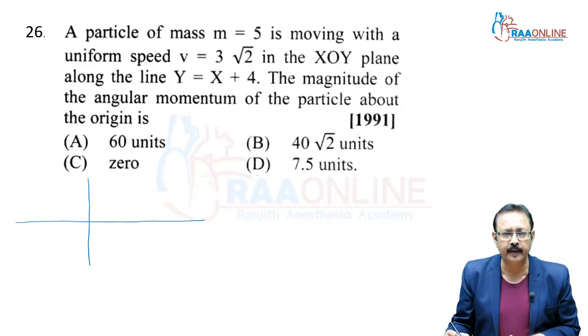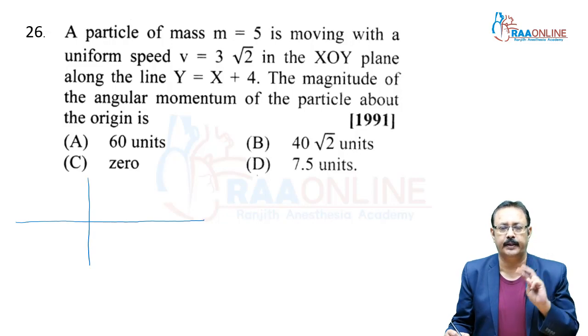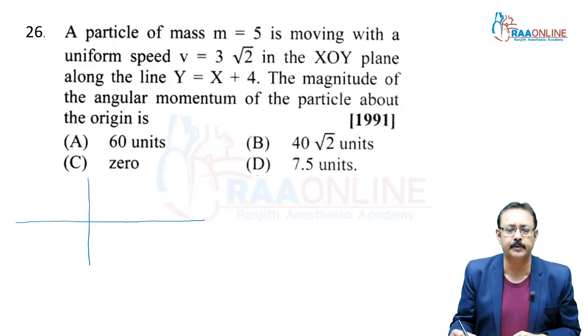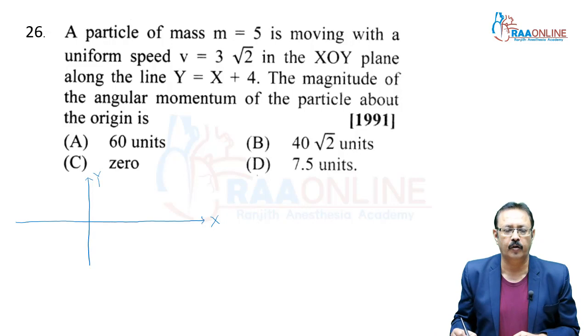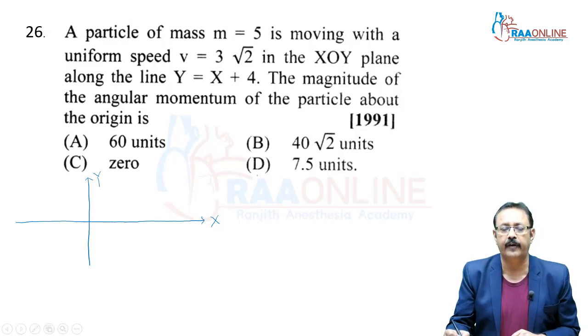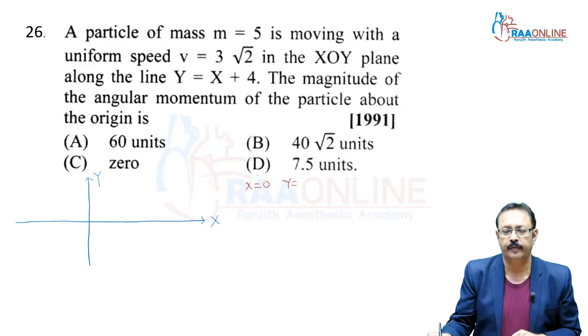To plot a line, you need 2 points. The line is y is equals to x plus 4. It is the y-axis and it is the x-axis. Now we will draw the line. The point where the line will intersect the y-axis, the x coordinate should be 0. If x is 0, y should be 4.